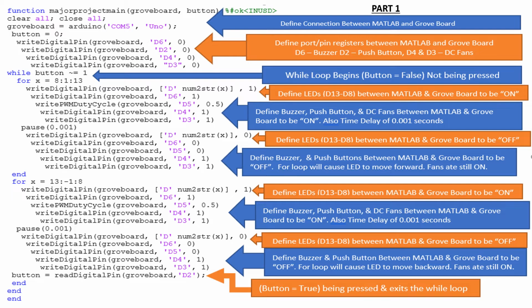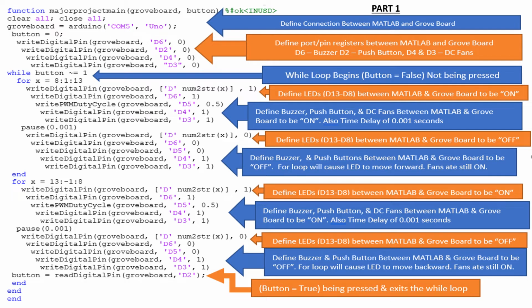Next, we have the while loop with the condition that if the button is not equal to true, then the two for loops will occur. These for loops use the number to str command, which converts the number of iterations into letters of specific pins / ports that we define as LEDs, D8 to D13.